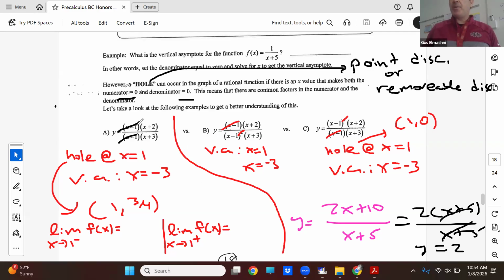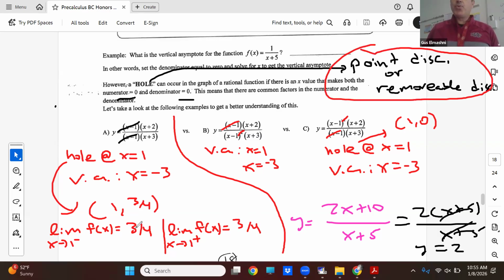If we were to actually graph this in Desmos, what's y approaching? 3/4, yeah. Thank you, Teddy. Not positive or negative infinity. When this happens, you get this. What has to be true for the limits for it to be a vertical asymptote? The limit has to be approaching what? Positive or negative infinity, right, exactly. So that would be true for part B, right? For part B, that would be 100% true.